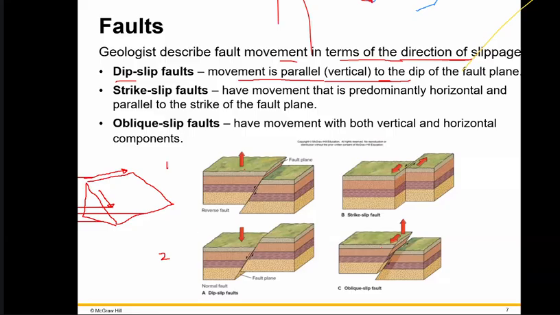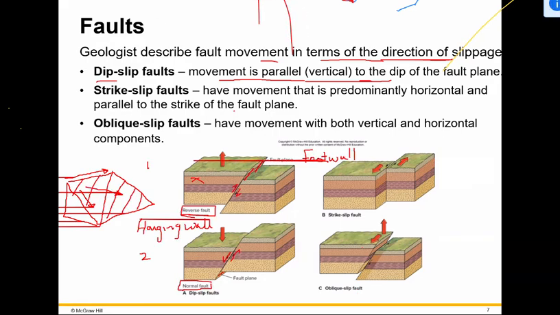As you can see, this 1 and 2, the reverse and normal faults, are oriented in the dip direction, irrespective of the movement of the blocks. And then the strike slip fault is oriented in the strike direction. And then there is the oblique slip fault that is oriented, the hanging wall block above the fault, above the fault plane.